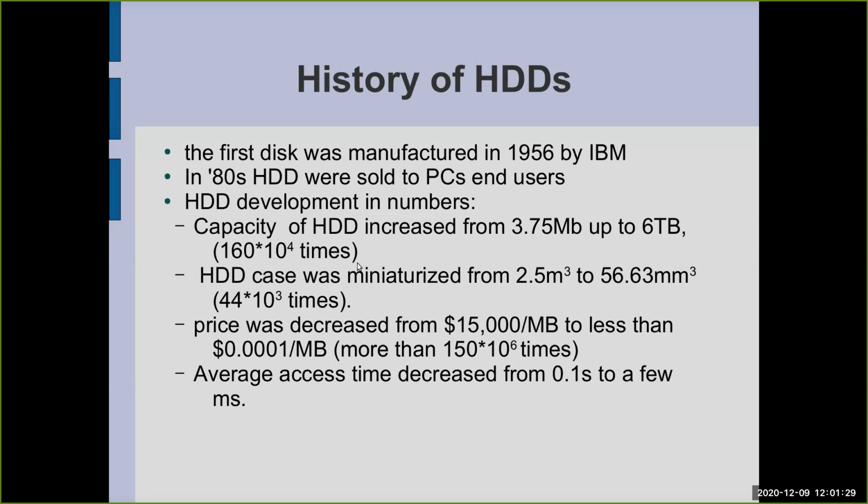Some information about history. Of course, you don't need to remember this information; it's only to give you some information and widen your perspective. The first hard drive was developed by IBM in 1956, and its capacity was less than 4 megabytes.